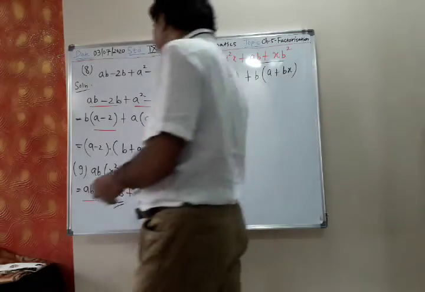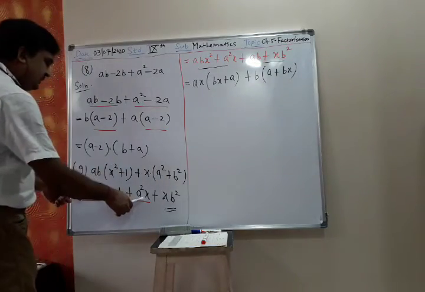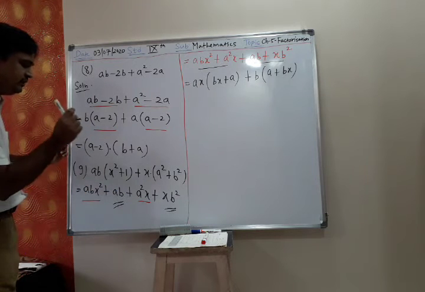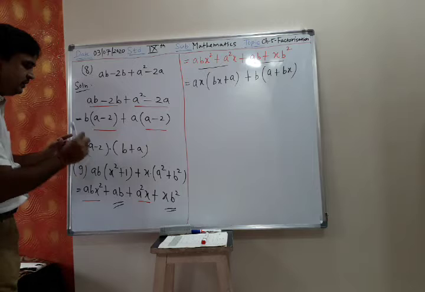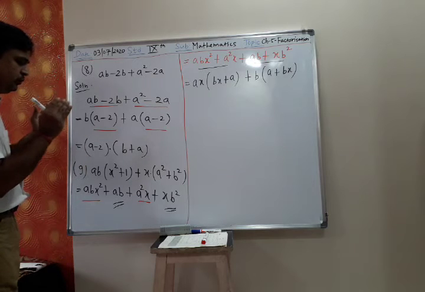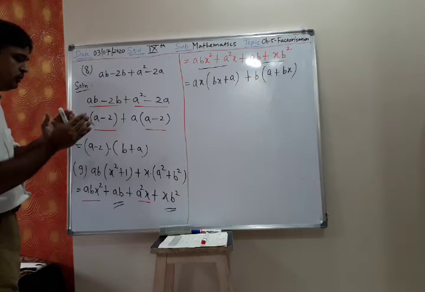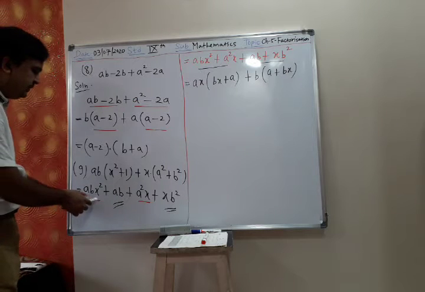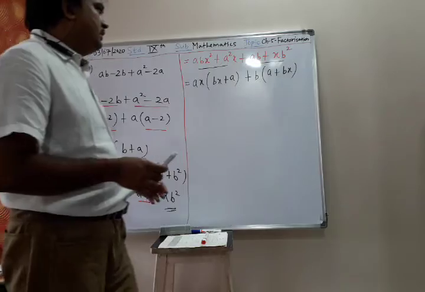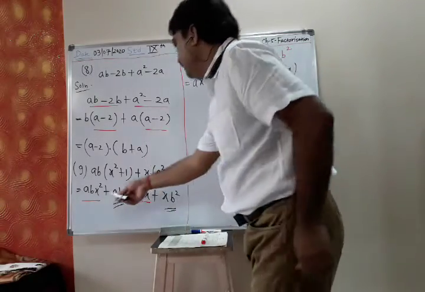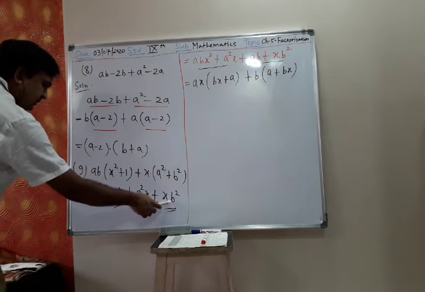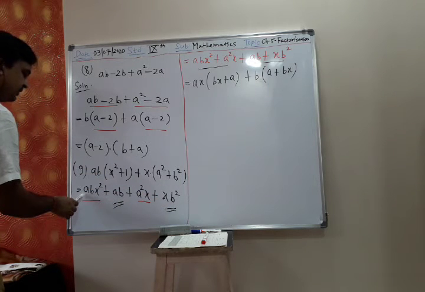If you group it with the third term, so that AB x square, see this is just by inspection, observation. We make the observation of which terms should be grouped together. If you take first and fourth, then what is common? XB is common, then what is left?